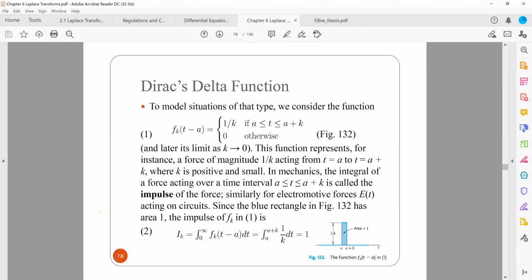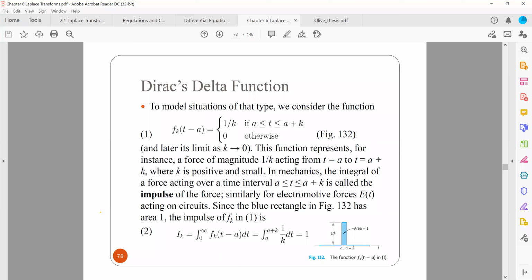So unlike the step function that goes on as 1 to infinity from the point where it's activated, this one is only activated for an interval k. Its amplitude is 1 over k, as you can see in this figure. But we tend to limit that k to 0.